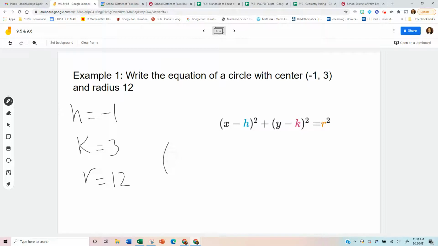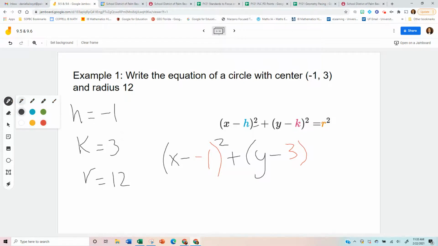Okay, so I'm going to do x, always minus, and remember that h is -1. We're going to simplify that in a second. And then that's squared, right? That's what the formula says. Plus y minus, it's always minus, and then k in this case is equal to 3.